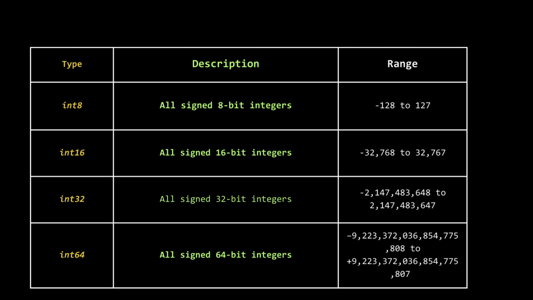It has a wide range of magnitude of values, but we should take note that we are storing values both on the positive side and on the negative side as well. And lastly, we have int64, which is all signed 64-bit integers. I'm not sure I can pronounce the numbers, but it's very large and it has a wide range of magnitude.